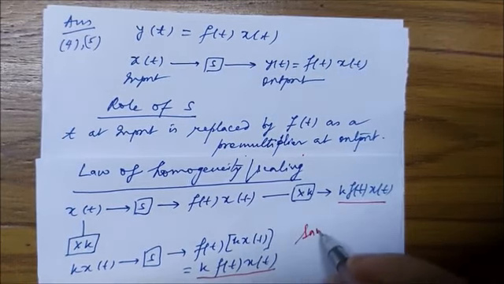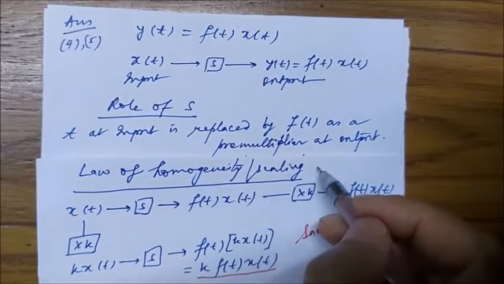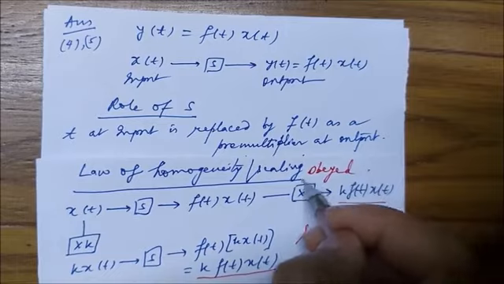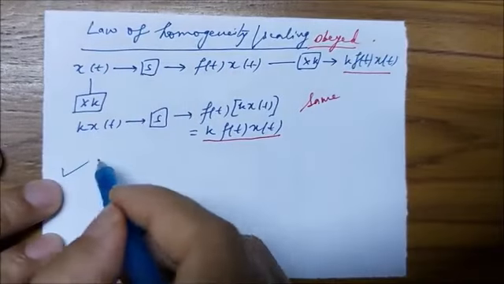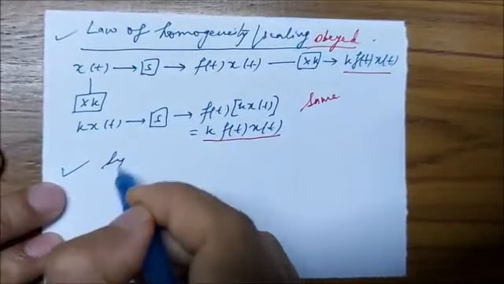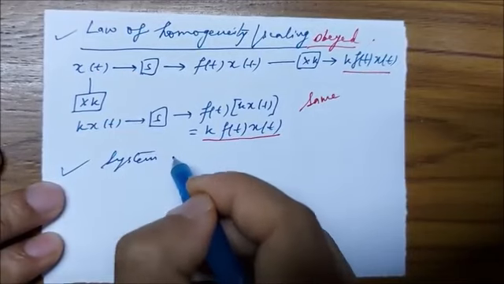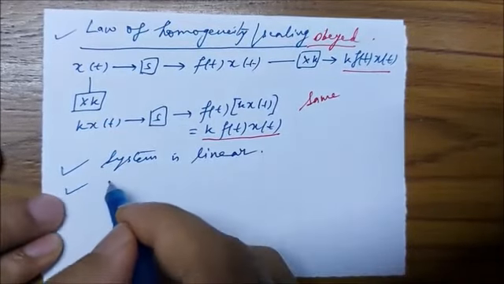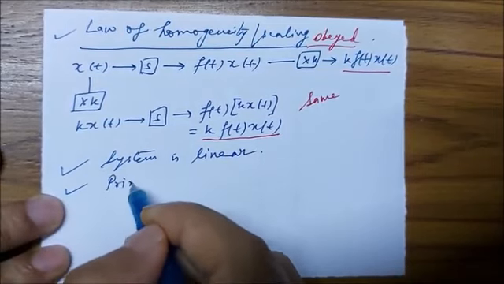So they are same, which means law of homogeneity is obeyed. So the system is linear and principle of superposition holds.